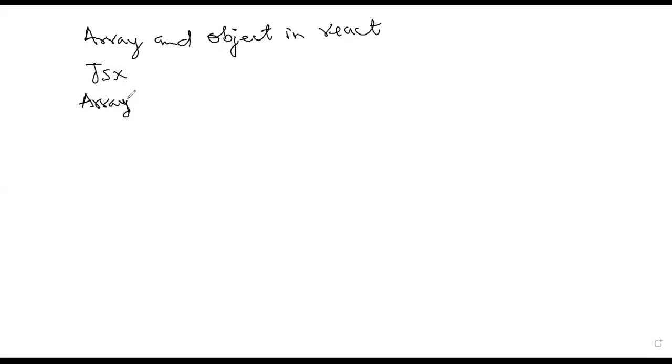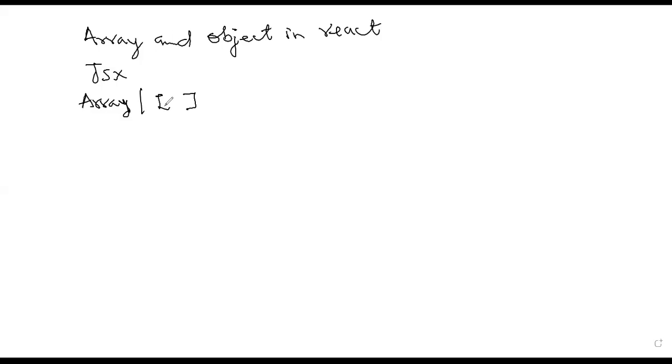So when you have a list of items, it is usually best to put them in an array, and the way array is denoted is with a square bracket. We use square brackets to denote array.